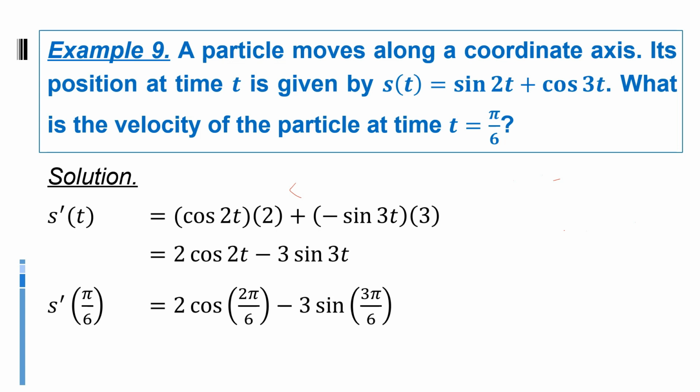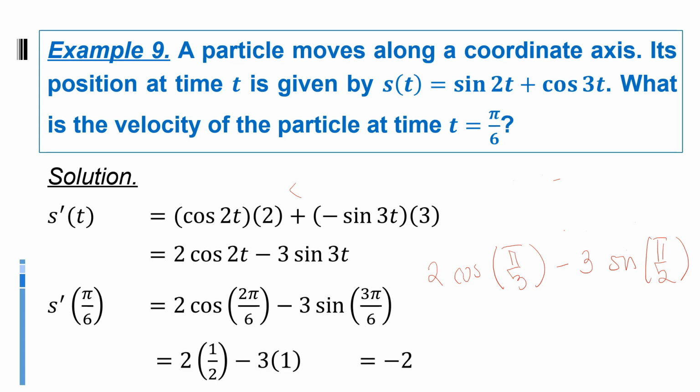But since we are looking for the velocity of the particle at time t equals pi over 6, we will evaluate s prime of t at pi over 6. So that is 2 cosine of 2 times pi over 6 minus 3 sine of 3 times pi over 6. So this becomes 2 cos of pi over 3, minus 3 sine of pi over 2.